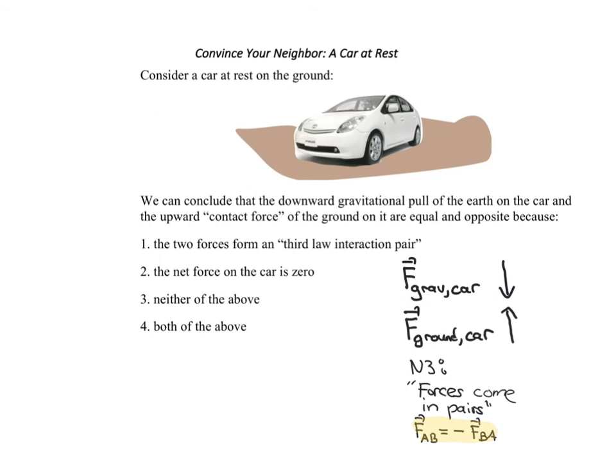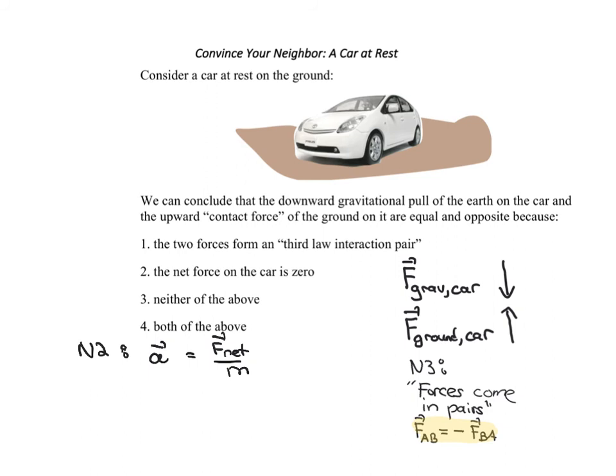In fact, the right way to analyze what's going on in this problem is in terms of the second law. So the second law, N2, remember, says that the acceleration of an object is equal to the net force acting on that object divided by the mass of that object.